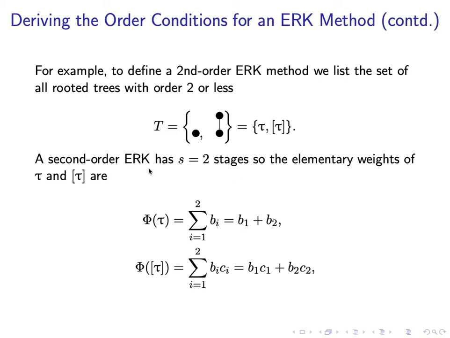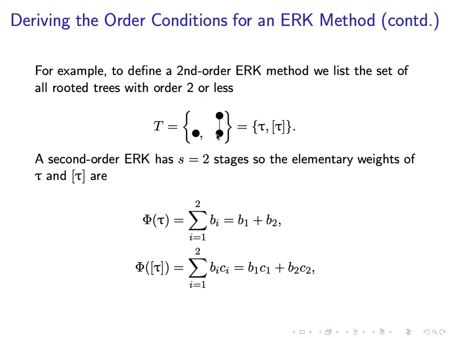A second order explicit Runge-Kutta method has 2 stages. So for the elementary weight of the first tree, we've only got BI's here. So the sum from i equals 1 to 2 of Bi is just B1 plus B2. And for the second tree, if I label this node I, I don't label this node because it's a leaf node.